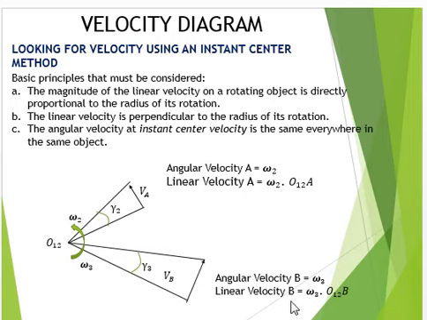So the linear velocity of point B, omega 3 multiplied by this radius from O1,2 to B, is the same as the linear velocity at A position, omega 2 multiplied by the length of the radius O1,2 to A.